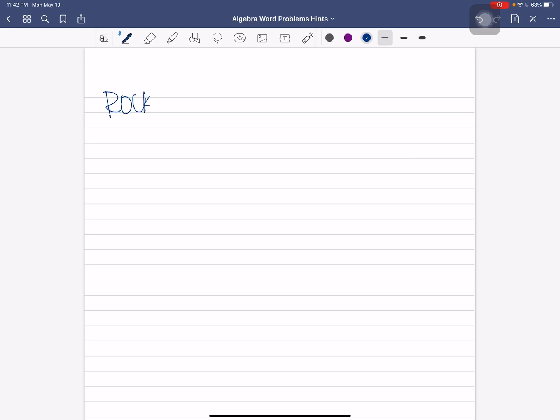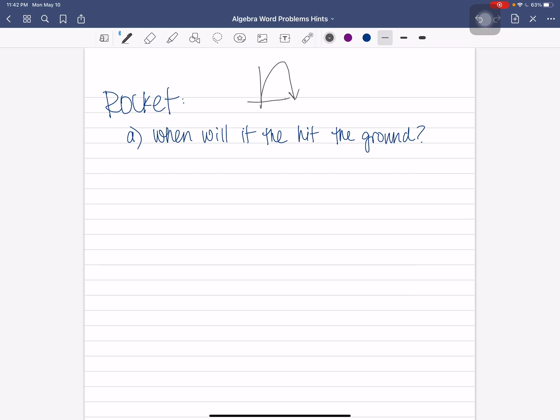So the rocket problem had 3 parts to it. The first part talked about when it will have fallen to the ground. So when will it hit the ground? Now, if you think about the rocket being launched, it's going to shoot up on our graph and then it's going to hit the ground here.